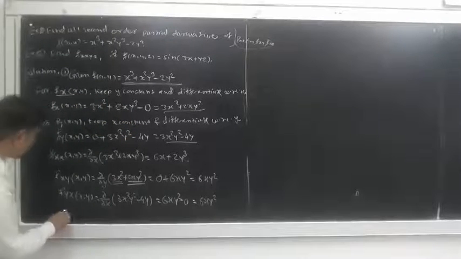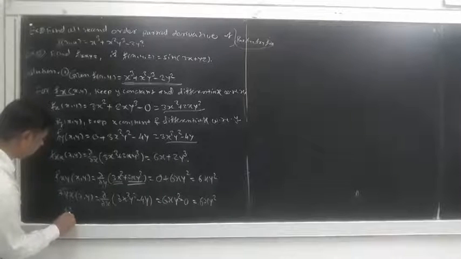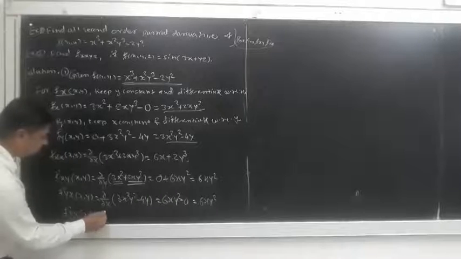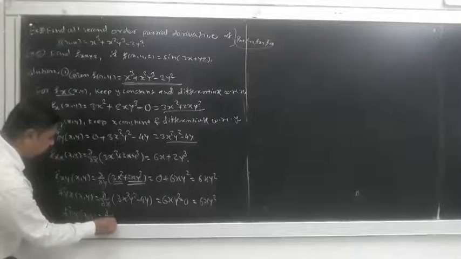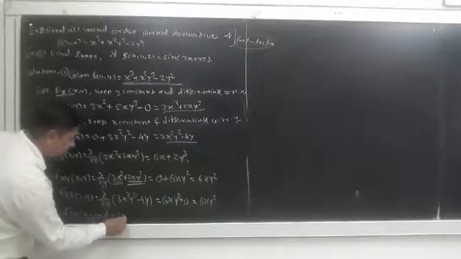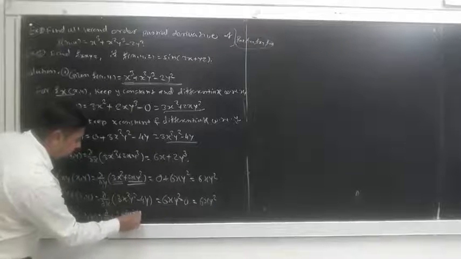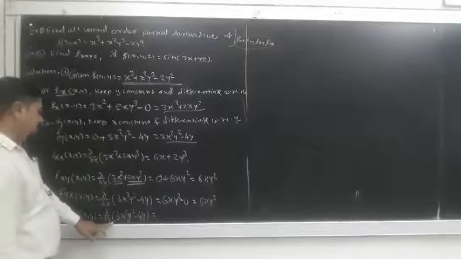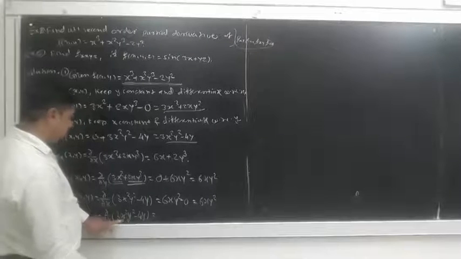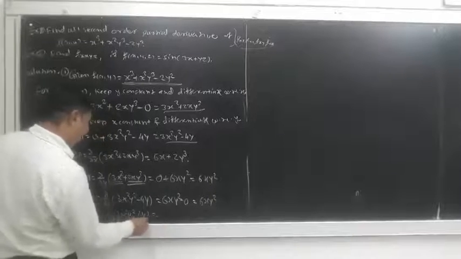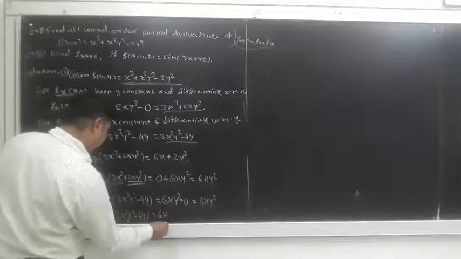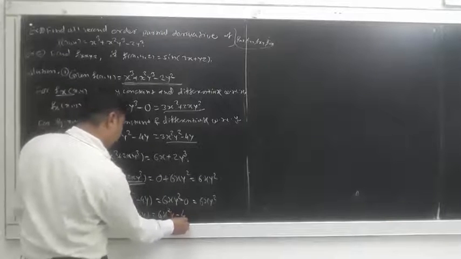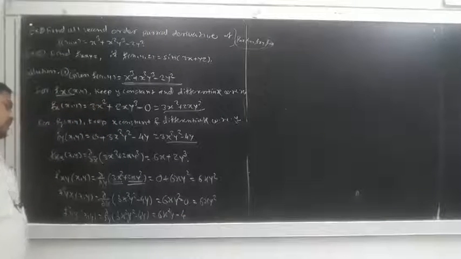Similarly, we can write fyy(x, y). Differentiate fy with respect to y. Here x is constant, so it should be 6x²y − 4.